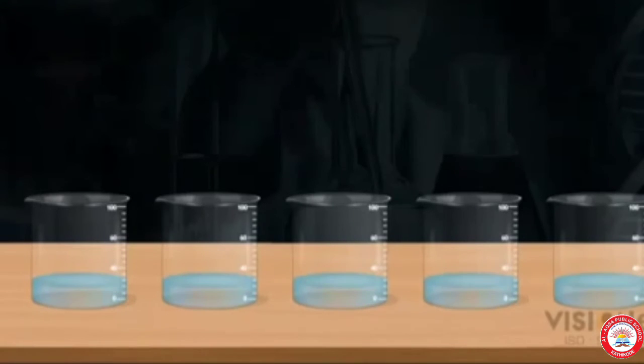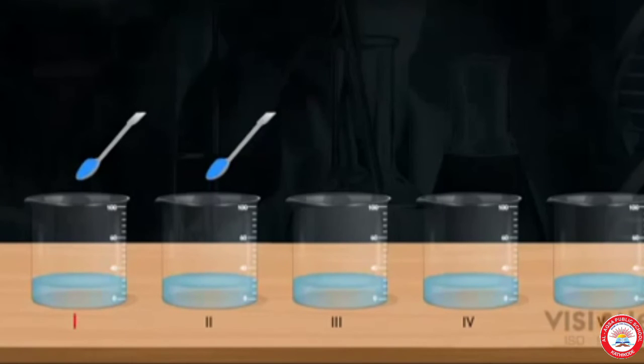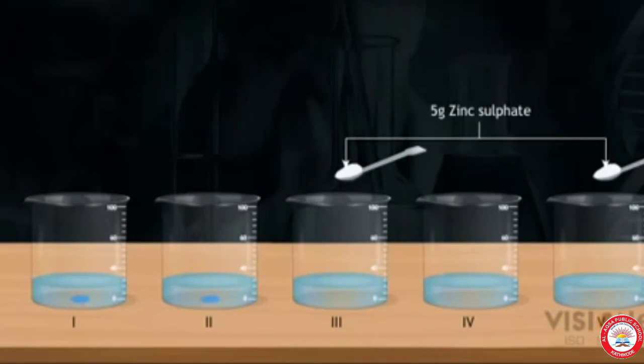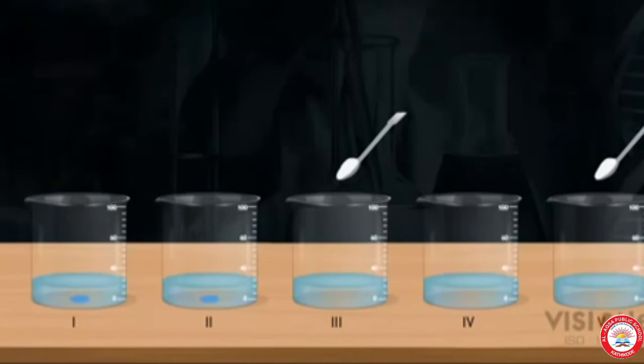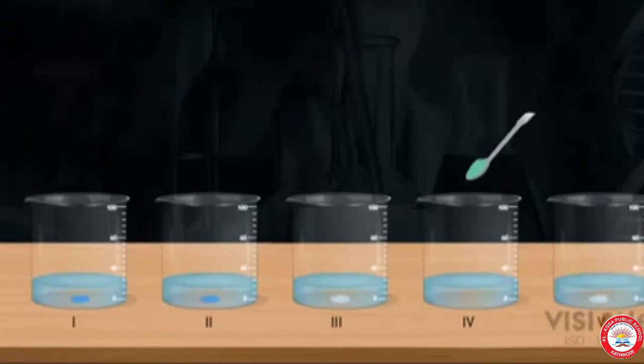Take 500 ml beakers and take 20 ml water in each beaker and mark them 1, 2, 3, 4 and 5. Add copper sulfate in 1 and 2, zinc sulfate in 3 and 5, and iron sulfate in 4.